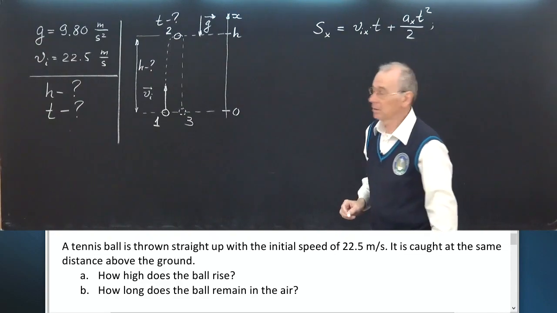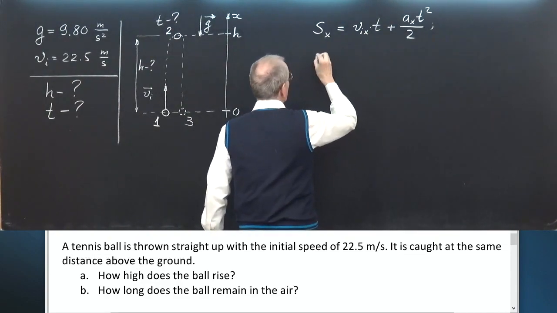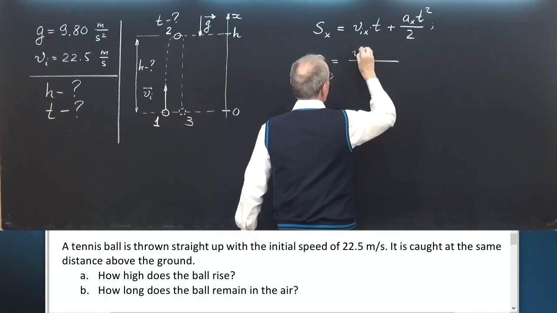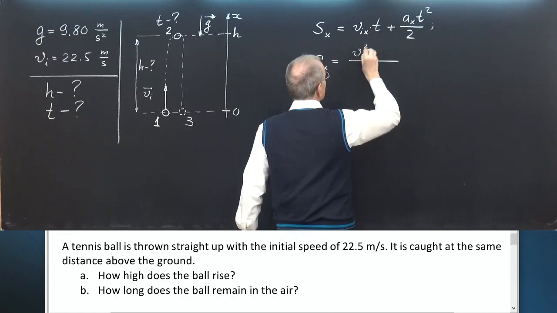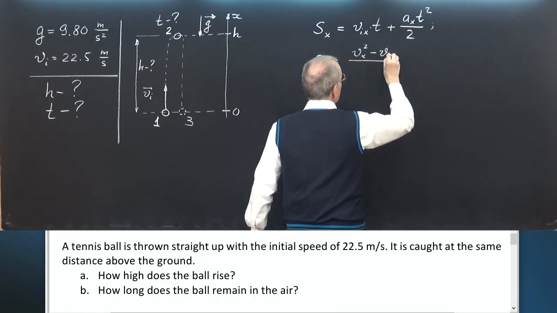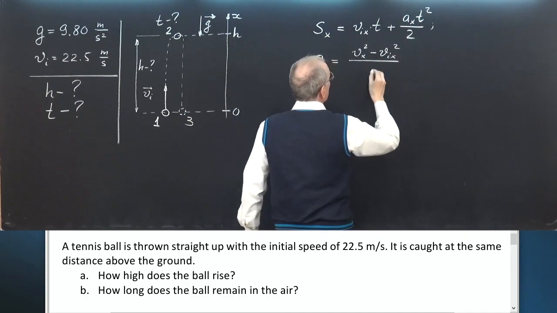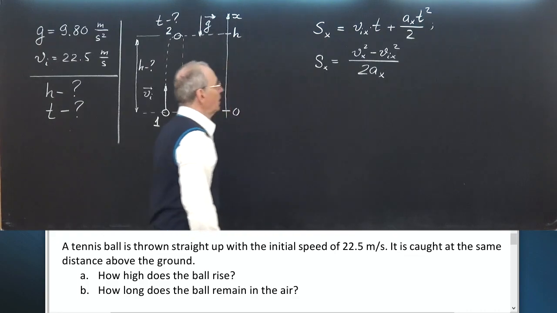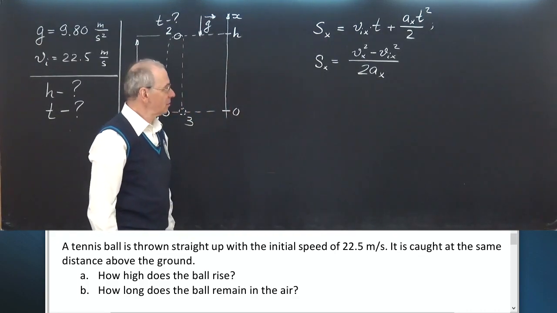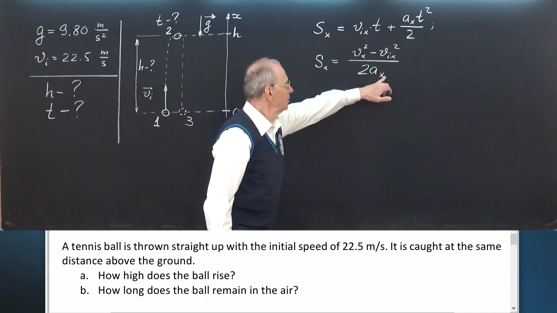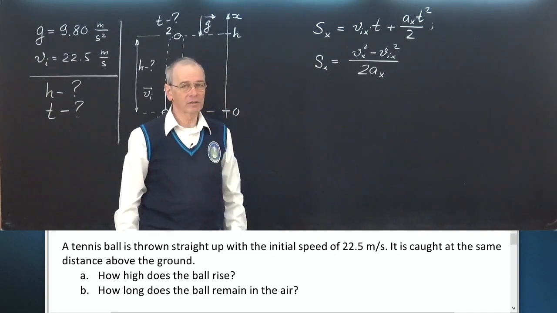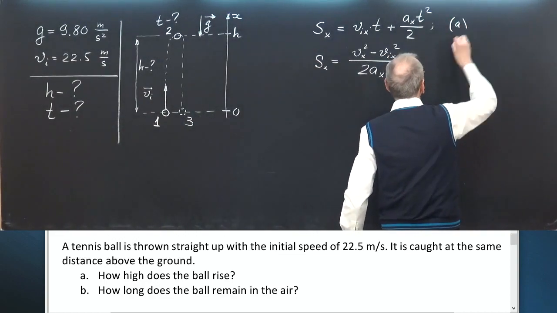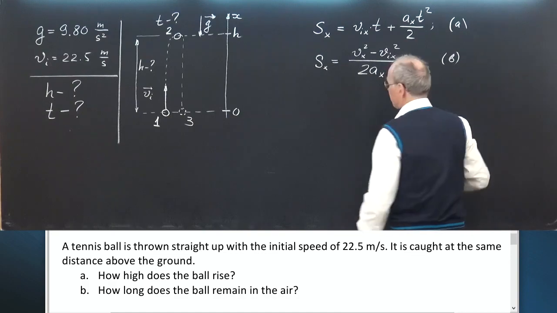The second formula is Sx equals v final x squared minus v initial x squared divided by 2 ax, two components of acceleration. This is formula A, this is formula B.